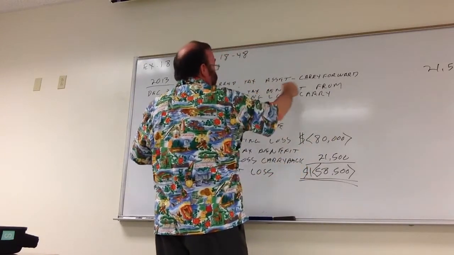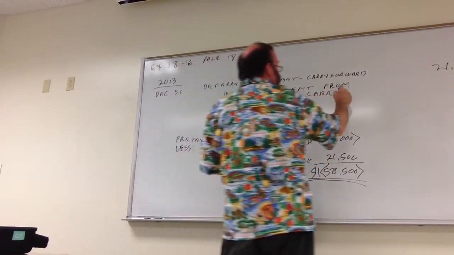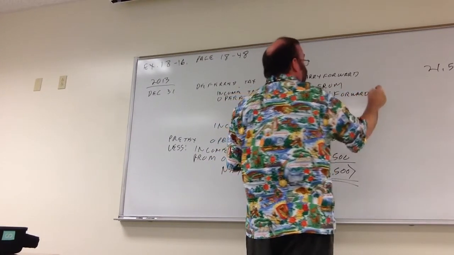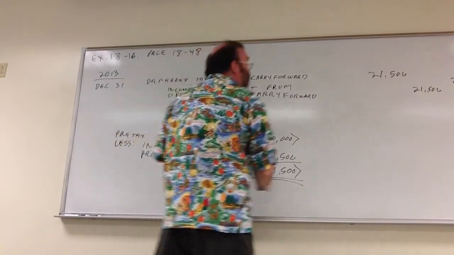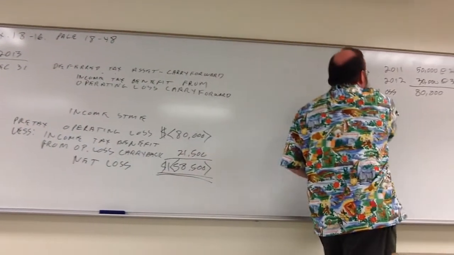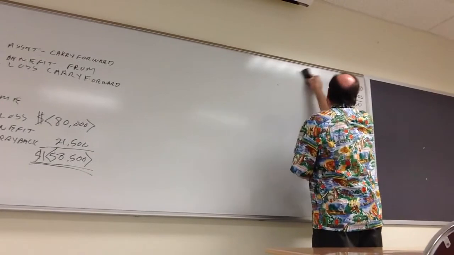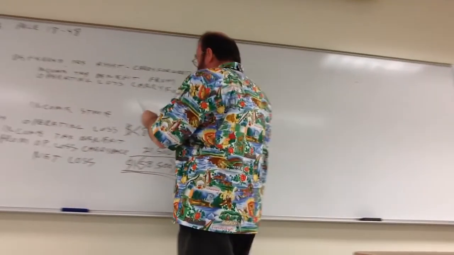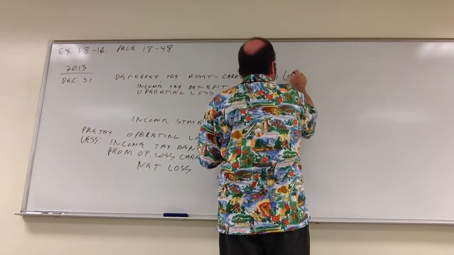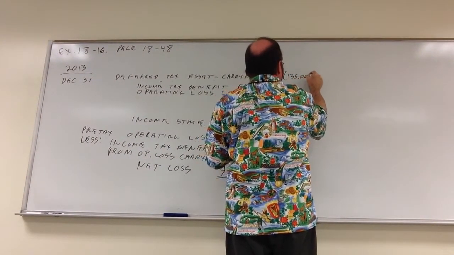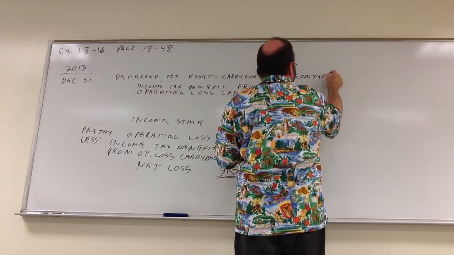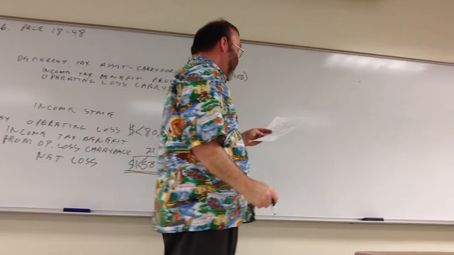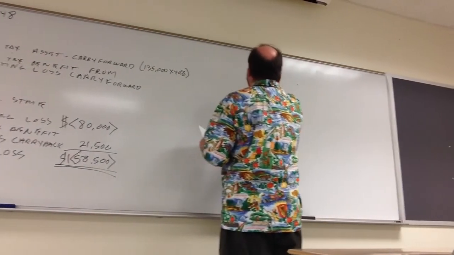And then we'll get income tax benefit from operating loss carryforward. And what that is, is the $135,000 loss times the 40% current and future tax rate. So that's $54,000.